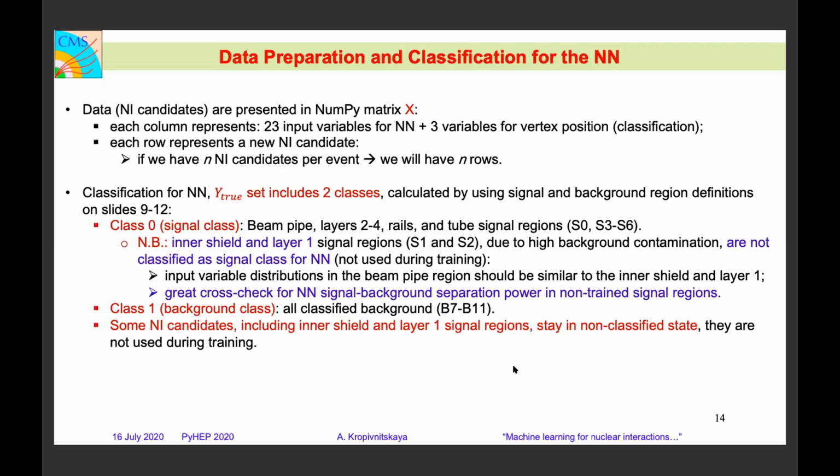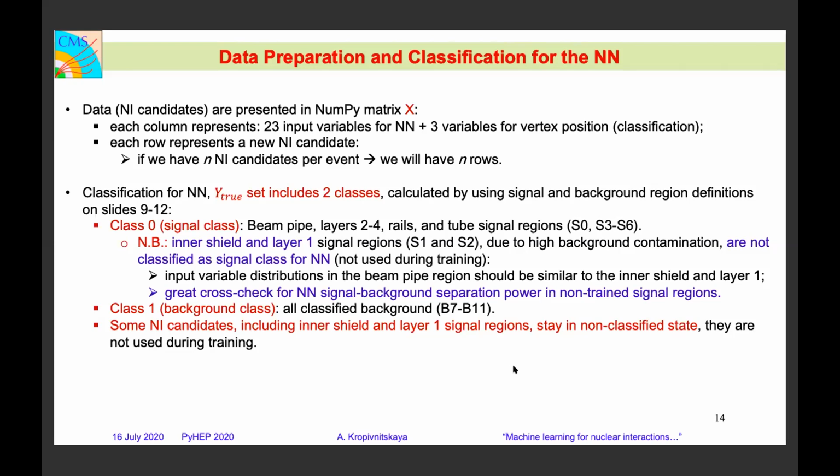I would like to draw your attention that the inner shield and layer 1 signal regions, due to high background contamination, are not classified as a signal class for the neural network, so they will not be used during training. But we shouldn't worry too much about this, because the input variable distribution in the beam pipe region should be similar to the inner shield and layer 1. And also it will be a great cross-check for the neural network signal background separation power in non-trained signal regions.